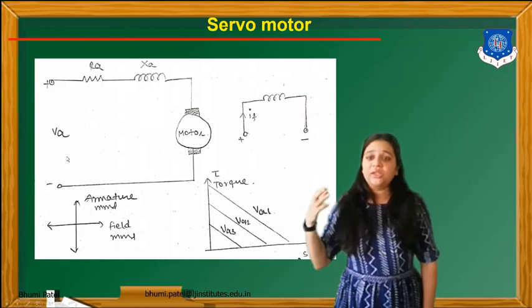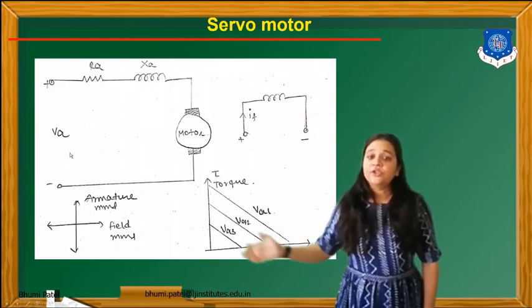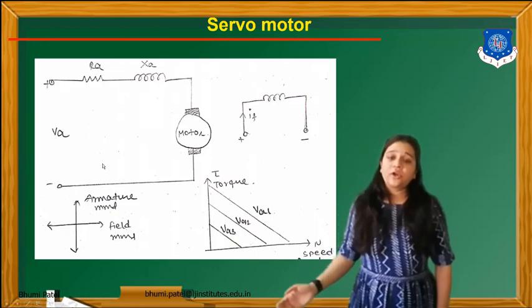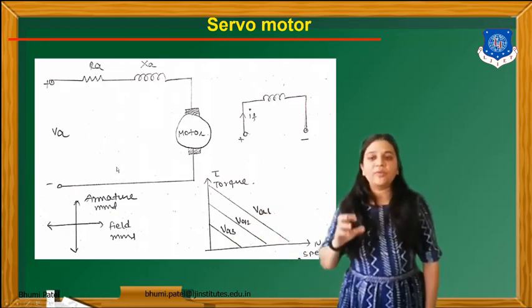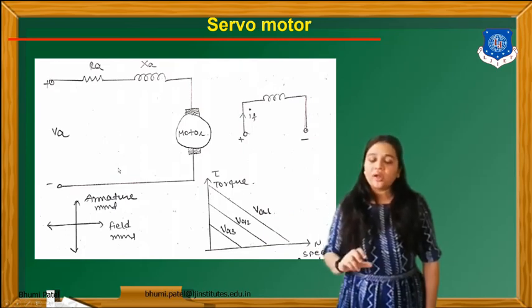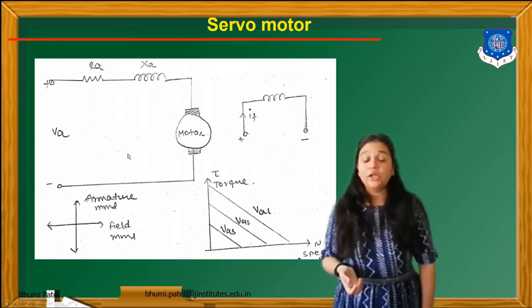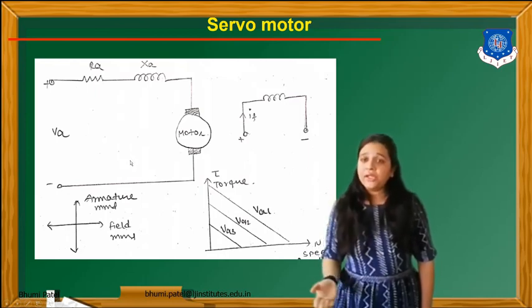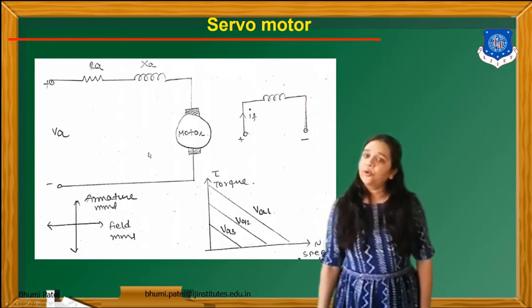We can change the field MMF and the armature MMF. Here they draw the diagram of speed versus torque. If the speed of the motor is increased, the torque will be increased or decreased depending upon the motor condition. So we can connect any instrument as an output device among the analog output devices.